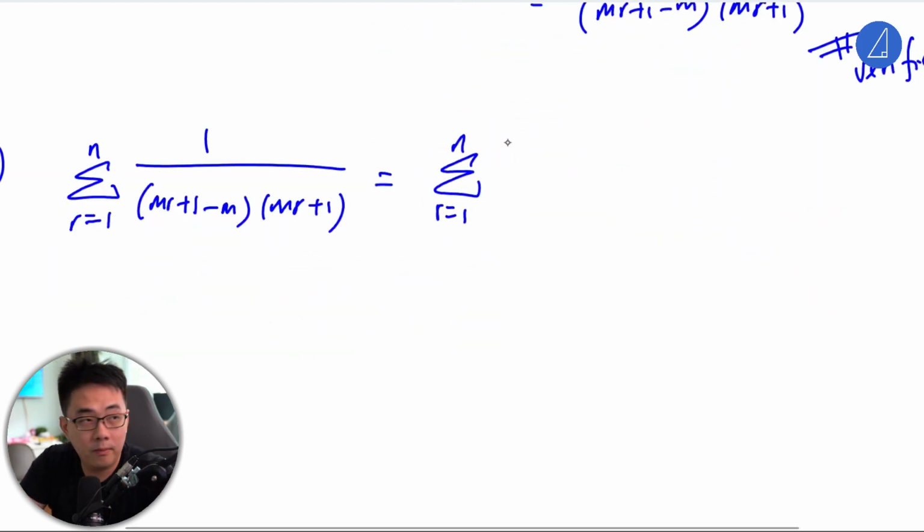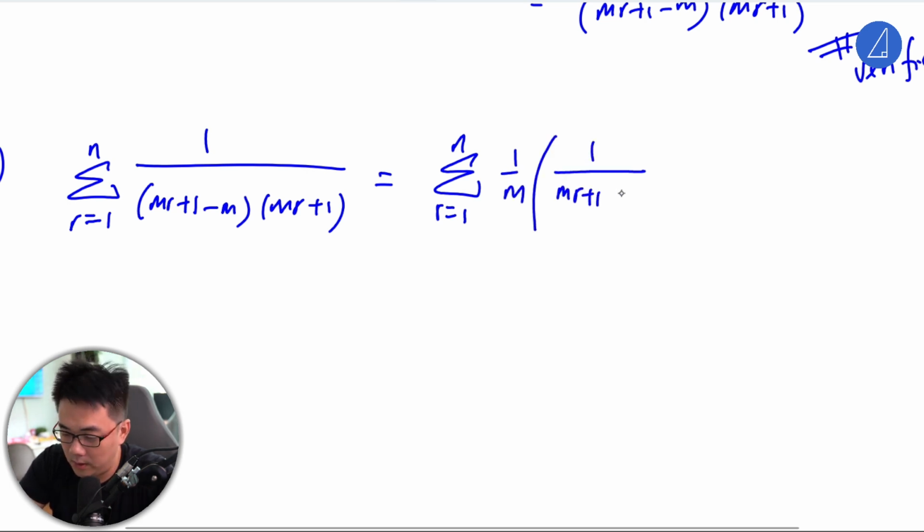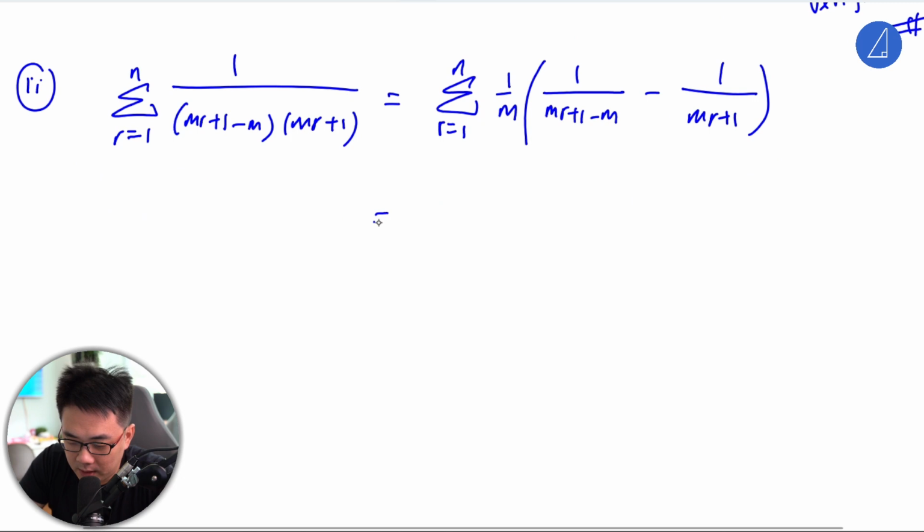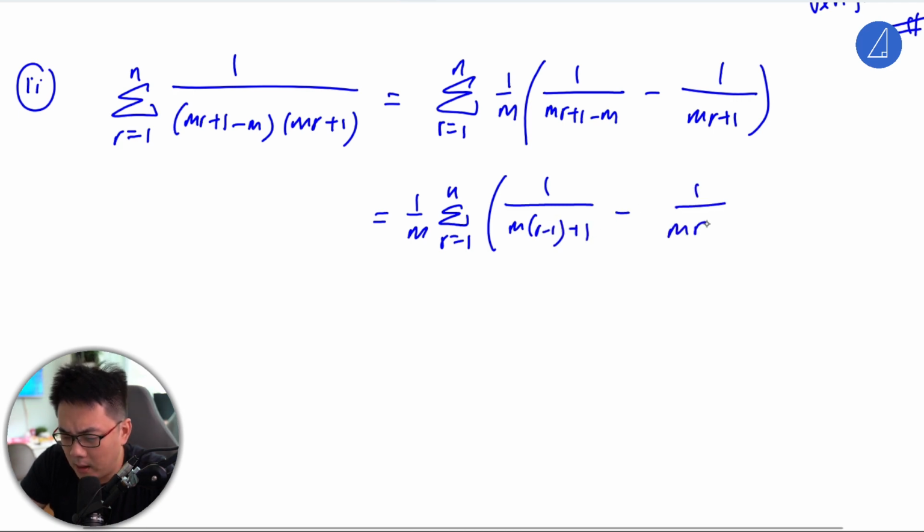So in this case here, from the first part, I know that this is 1 over m, bracket it out, 1 over (m(r-1) + 1) minus 1 over (mr + 1). Okay, so I'm going to bring this out just like I said. Usually what I like to do is r equals to 1, then this is m(r-1) + 1, then this is mr + 1.